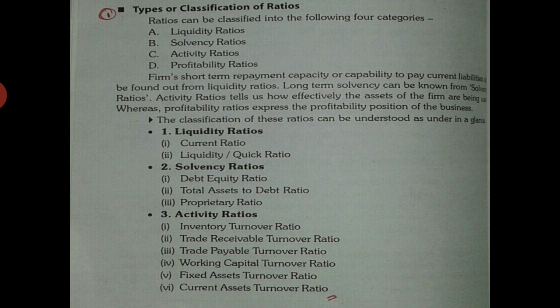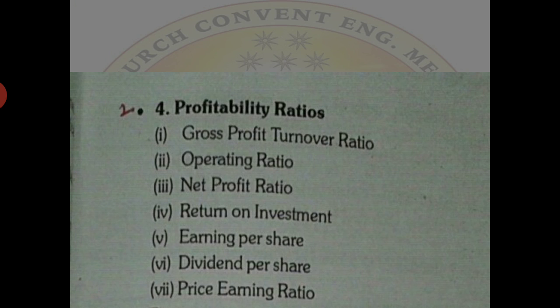Third is activity ratios, in which there are 6: inventory turnover ratio, trade receivable turnover ratio, trade payable turnover ratio, working capital turnover ratio, fixed assets turnover ratio, current assets turnover ratio. Then in profitability ratios, there are 7.